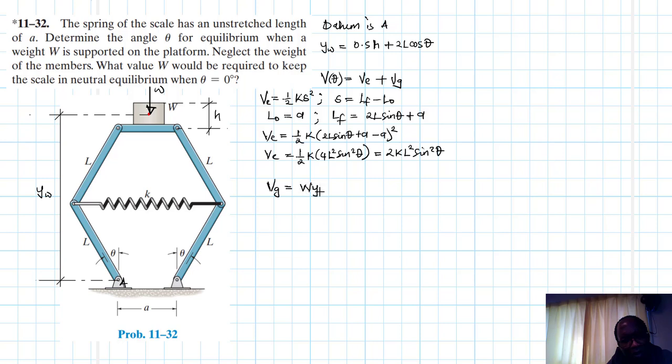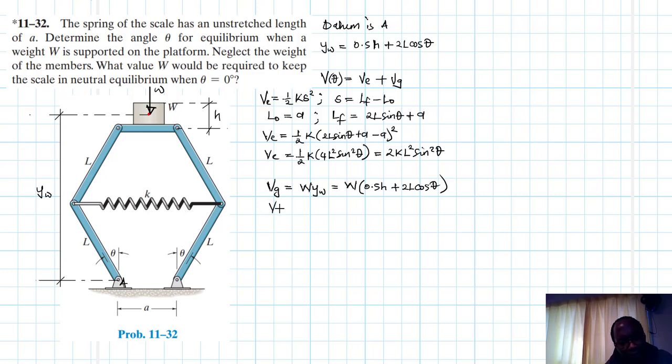And then we have the gravitational potential energy, which is equal to W y, in our case y_W. This is just going to be equal to W times y_W. We calculated it as 0.5H. We are assuming that this material is homogeneous, therefore the center of gravity is just at the midspan of this particular body of weight W, then plus 2L cos theta.